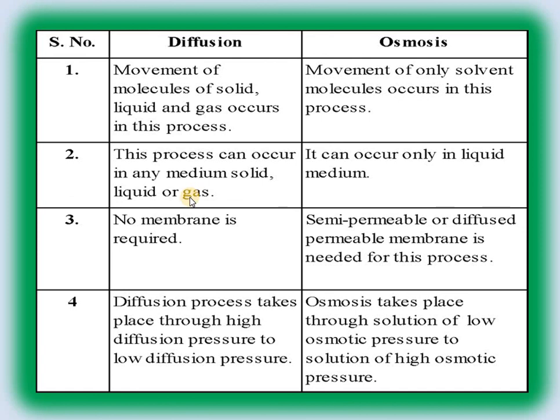Diffusion can occur in any medium, as I have already said, solid, liquid or gas, whereas osmosis happens only in the liquid medium. In diffusion, no membrane is required. In osmosis, a semi-permeable membrane is needed. Diffusion takes place from high diffusion pressure to low diffusion pressure. Osmosis takes place from a solution of low osmotic pressure to a solution of high osmotic pressure.